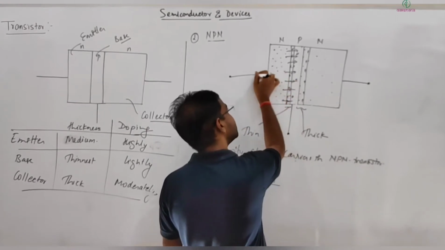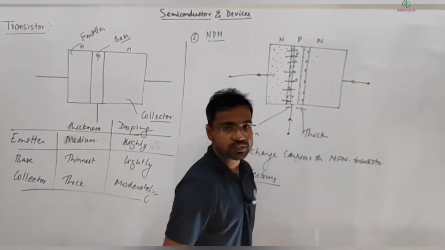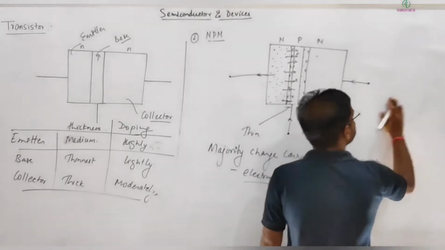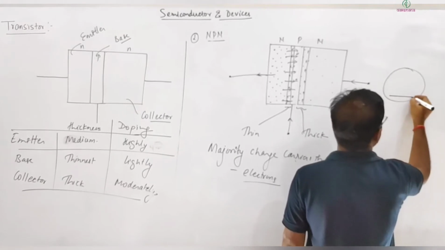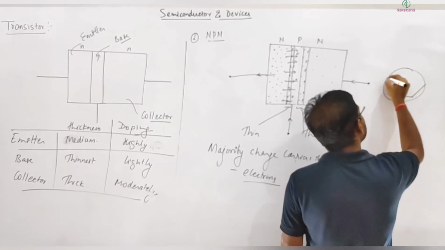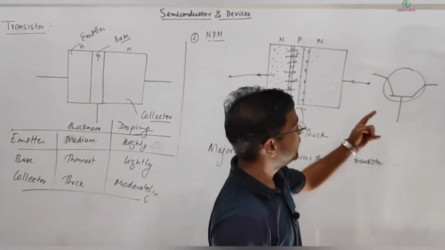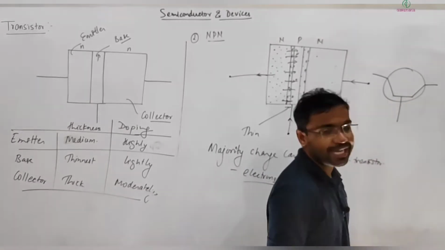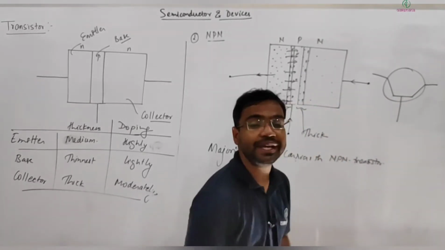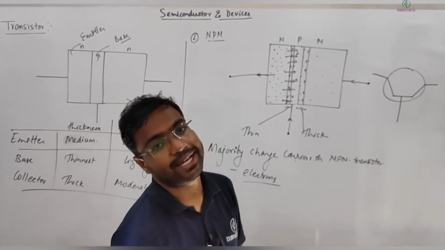So for this you can see the current will be this way, and current will be this way, and some current will be this way. So symbolically we draw it this way also. This is also a symbol of a transistor. Now which one is base, which one is collector? To identify that, we draw an arrow on the emitter, and the arrow is drawn in the direction of current.